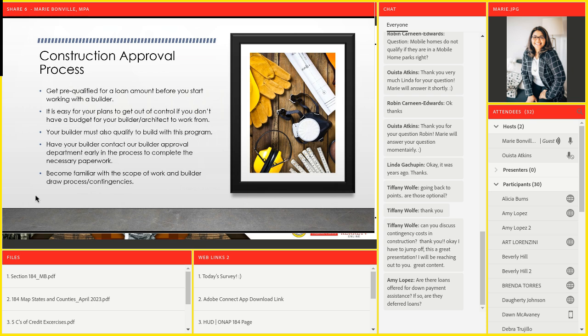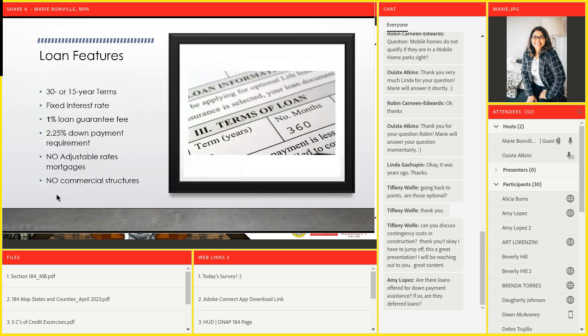Typically, for first-time home buyers, your housing agencies have funds for that. It will require some sort of education component. You'll have to get a HUD housing counseling certification that says this person has gone through classes. And then at that point, you qualify for some sort of down payment assistance.